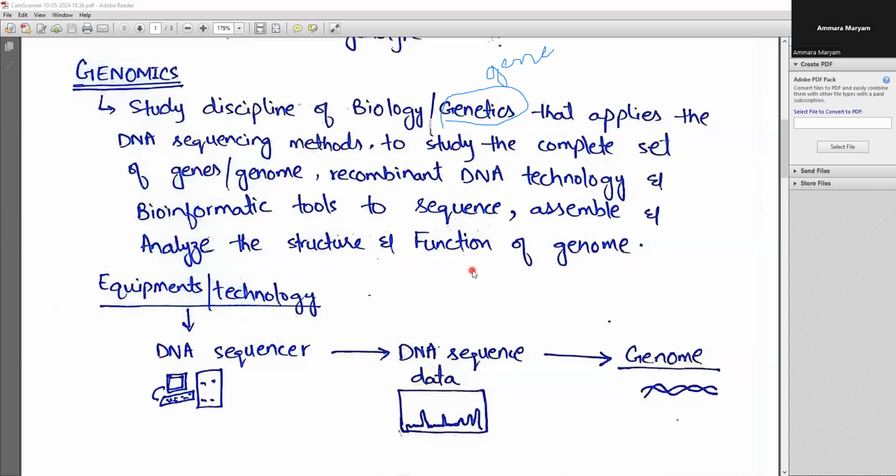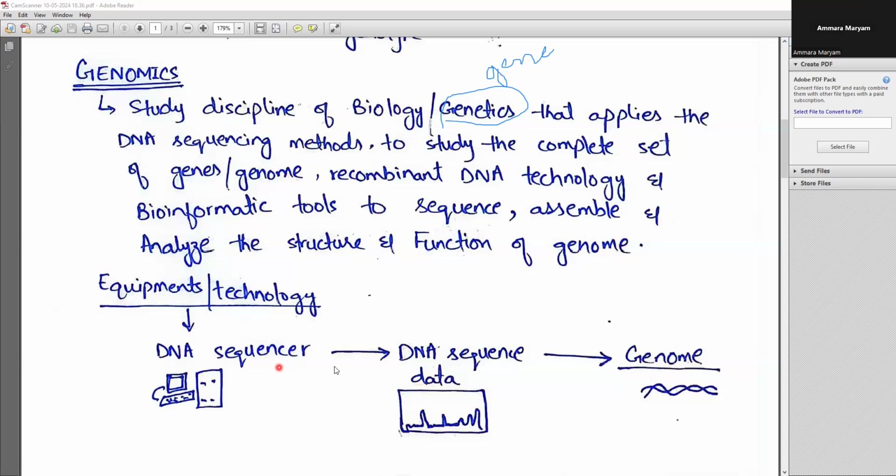ठीक है, सो इसके लिए हमें एक सर्टेन सेटअप रिक्वायर होता है. For example, in case of genomics, we need a specific instrument, that is the DNA sequencer, that will be used to sequence the genome. कि genome जो है, जीन क्या है, इसका specific sequence क्या है, that coding sequence of the nucleotide.